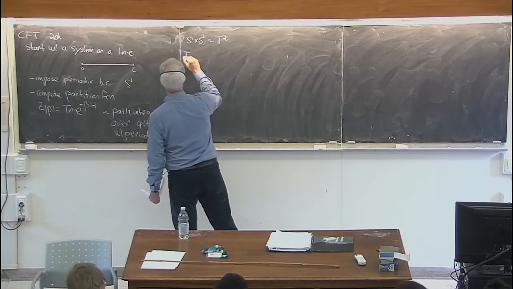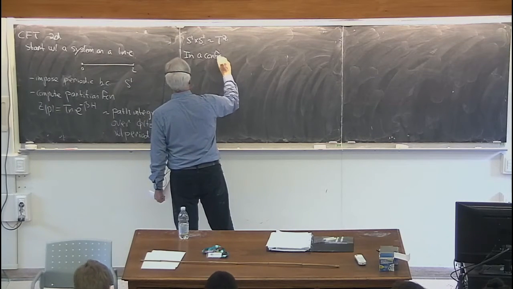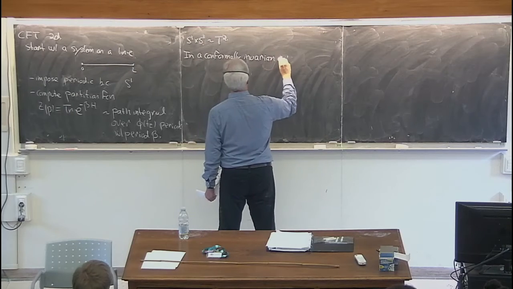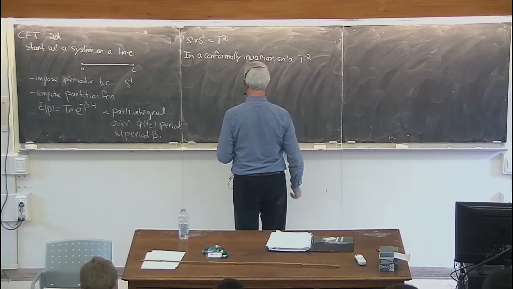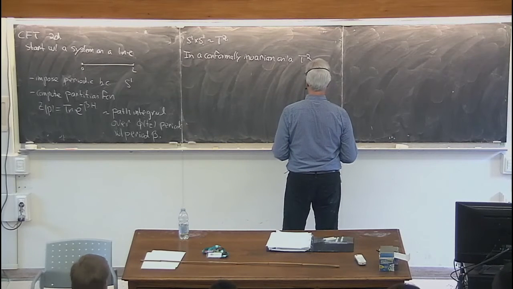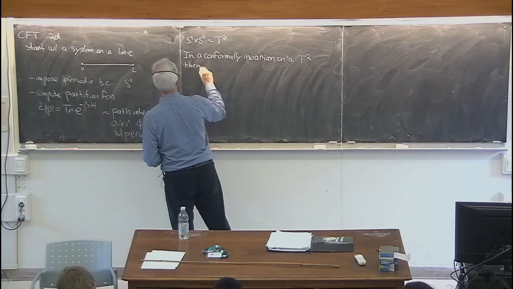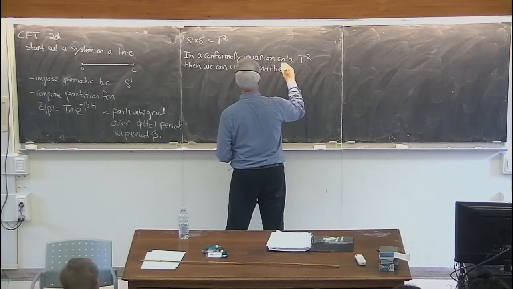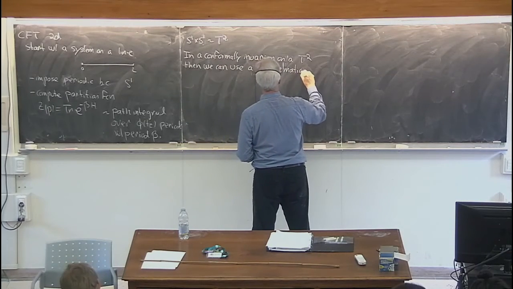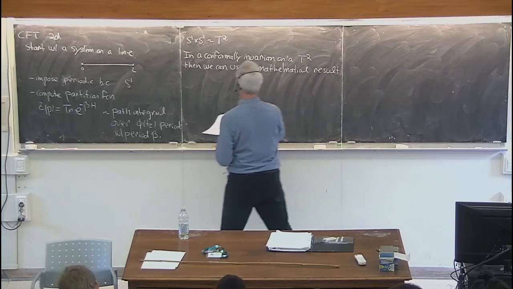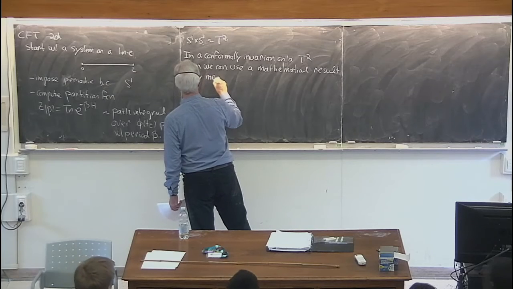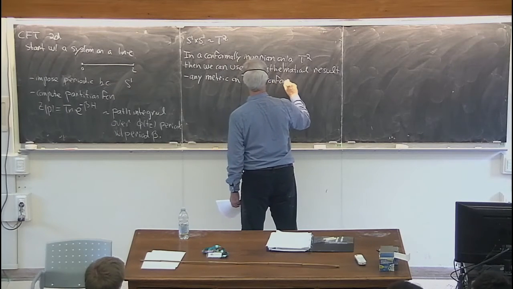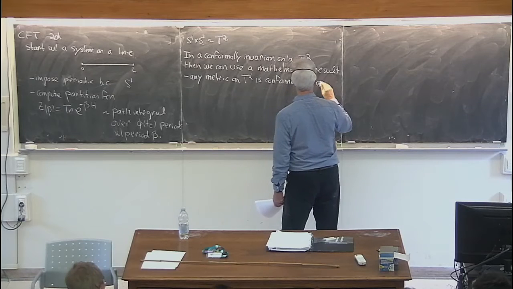So if we have a theory which is conformally invariant on a two torus, then we can use a mathematical result which is that any metric on the two torus is conformal to the flat metric.